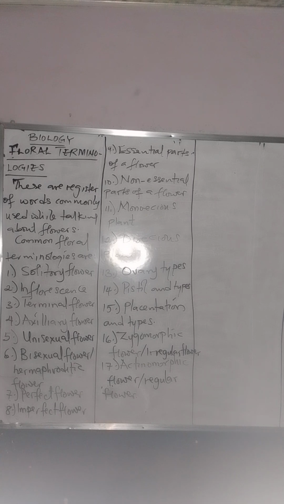after the other. Now, what do we mean by the first one, which is solitary flower? What is a solitary flower? A solitary flower is a flower that is singly attached to any part of the plant. Solely, only one of it is attached, not two together.